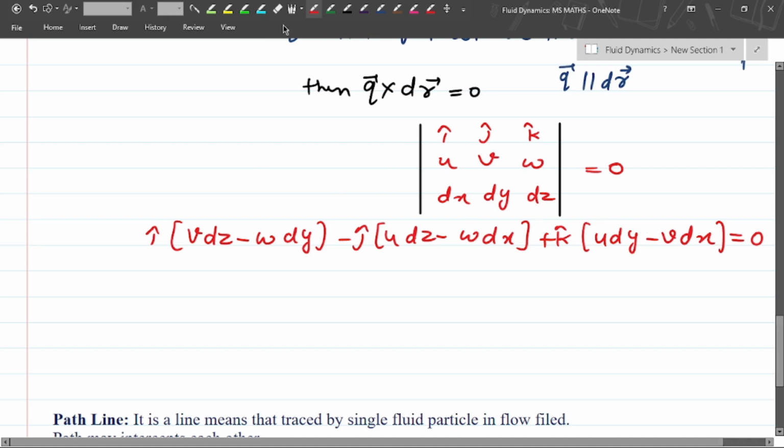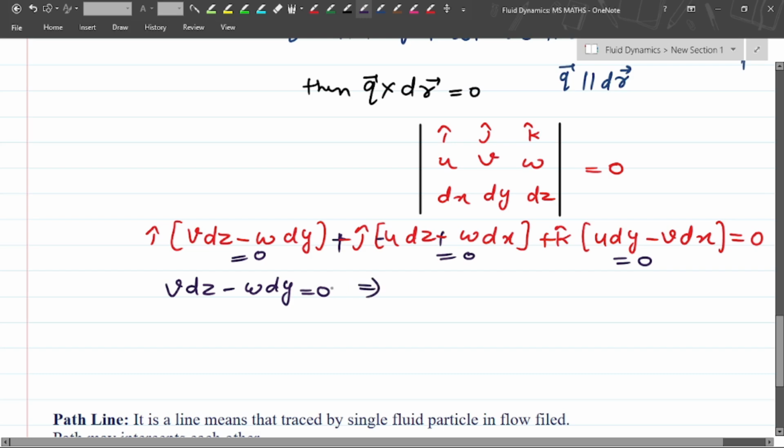Now the addition of all these, this will be plus, this is minus, and this will be plus. Addition is 0, it means all the terms will be individually 0. Okay, now v dz minus w dy is equal to 0.